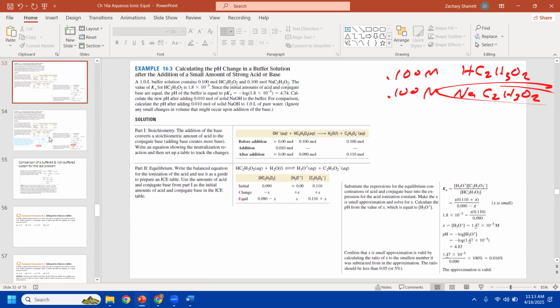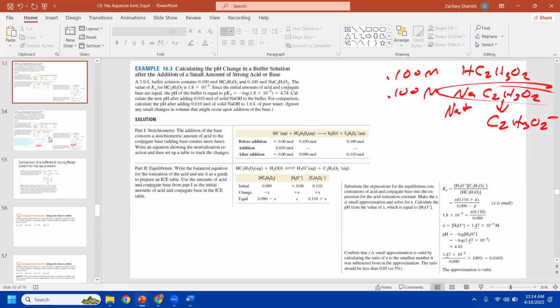What's a better way to think of it? You get rid of the Na, but do we lose neutral Na or Na as an ion? So it's Na+, which means that this must be C2H3O2 minus.